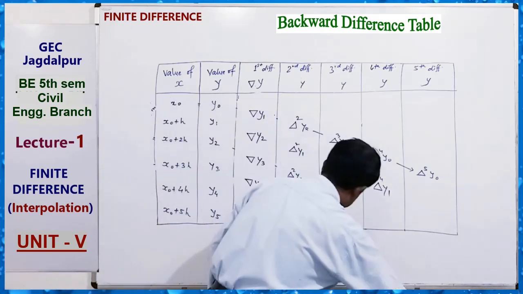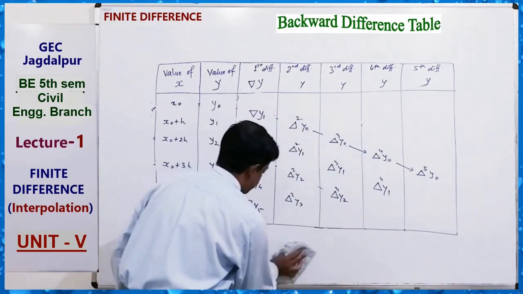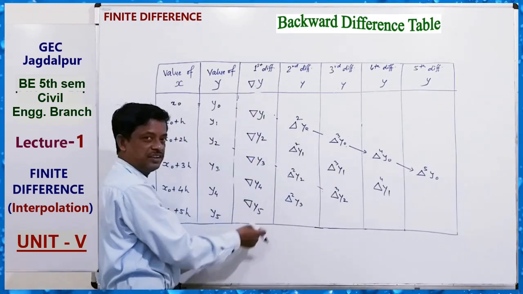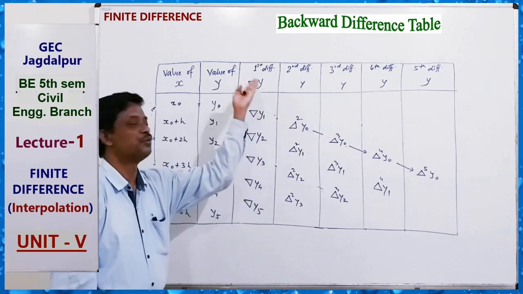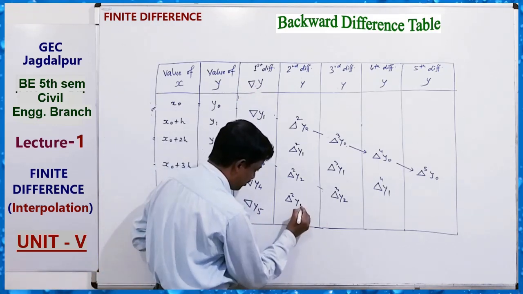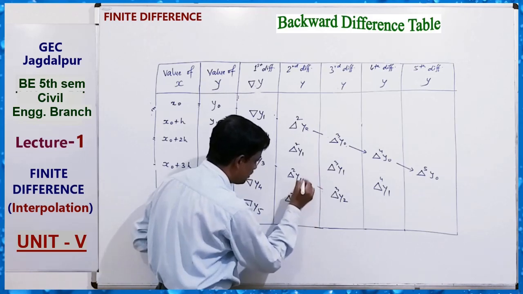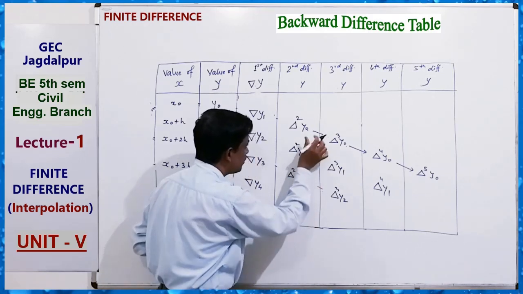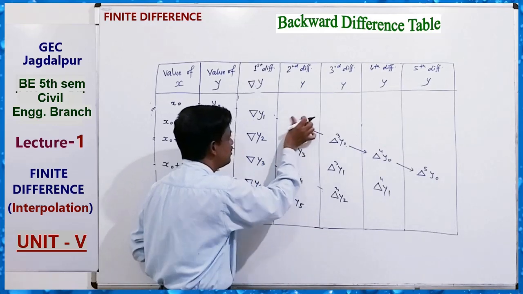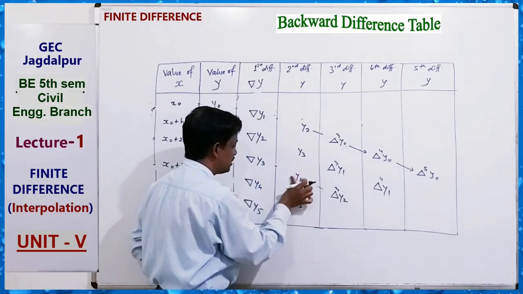See, previously it started from 0 to 4. Here, it starts from 5 to 1. Now it starts from 5 to 2. And this will be the notation.